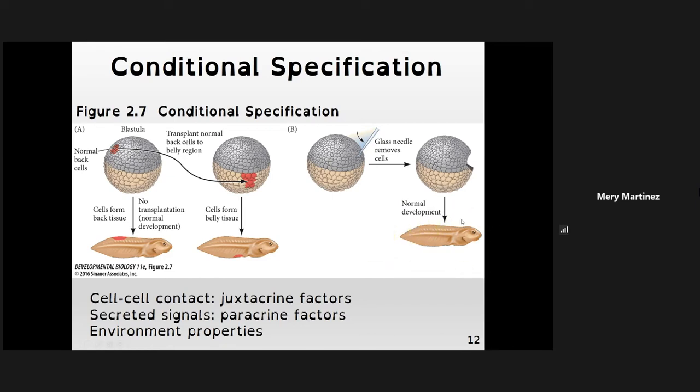Nothing happened, okay? Thus, because of this mode of specification, isolated blastomeres can give rise to a wide variety of cells. A conditional specification is said to give rise to a pattern of embryogenesis called regulative development. And it's seen in most vertebrate embryos.